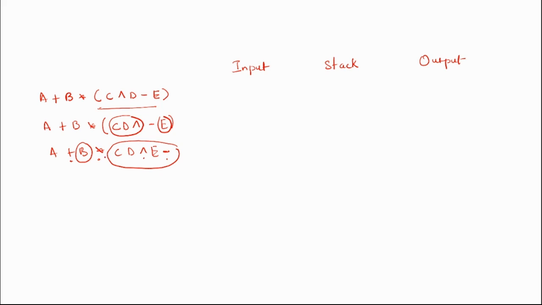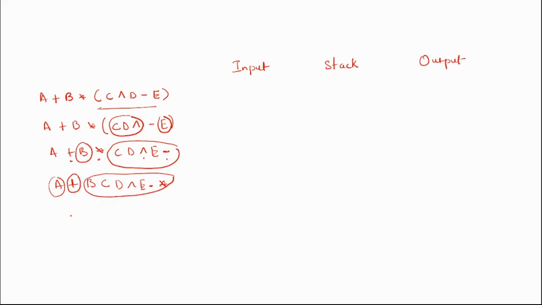Operand 1, operand 2, operator. So I'll say a plus b c d to the power e minus star, right? Now here I have put this operator to the right of operand 2. Now we know that only one operator is yet to be resolved. Now this is operand 1 and this whole thing becomes your operand 2, correct?